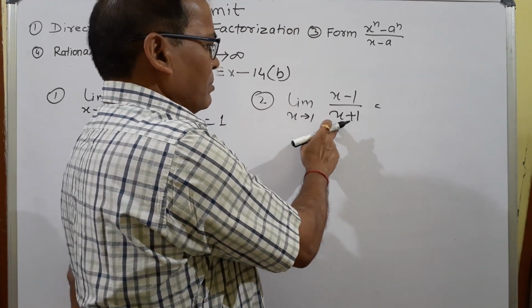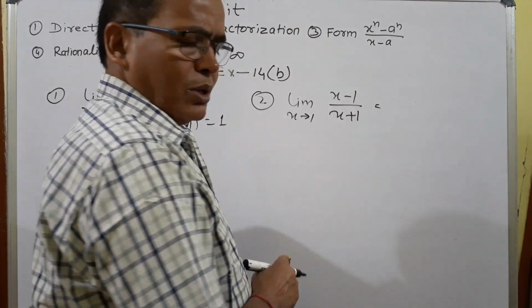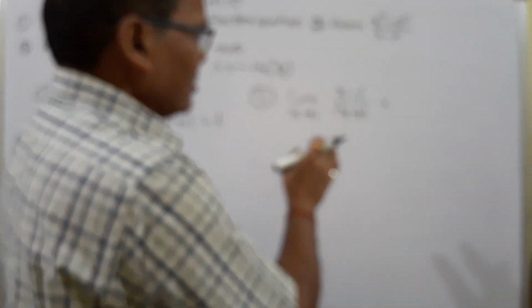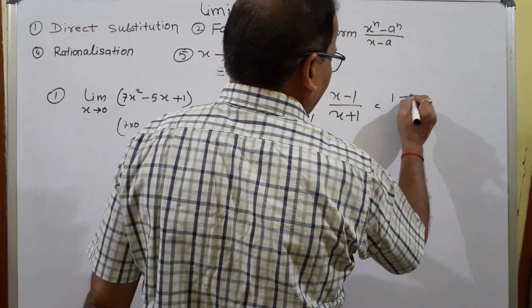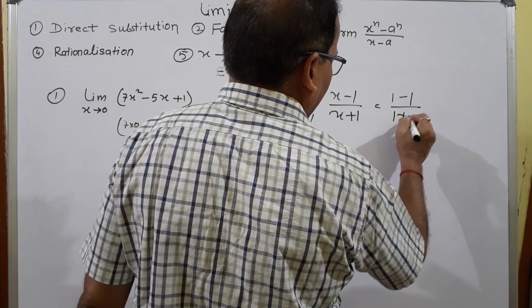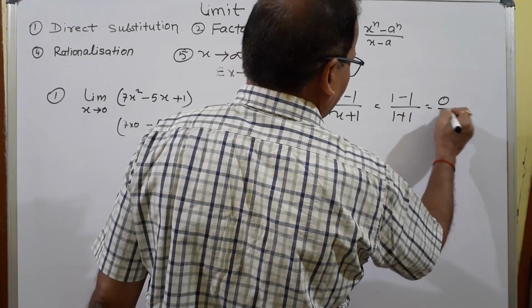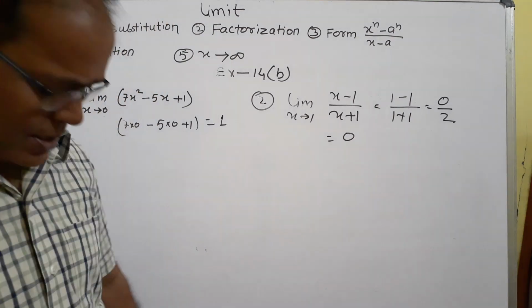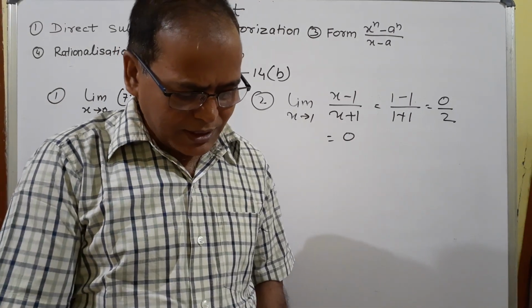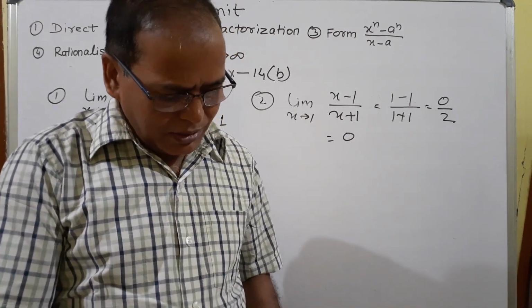In the denominator, 1 plus 1 is 2, so it does not become undefined. So we can get the limit: 1 minus 1 divided by 1 plus 1 is equal to 0 divided by 2. The result is 0. This exercise is very simple.